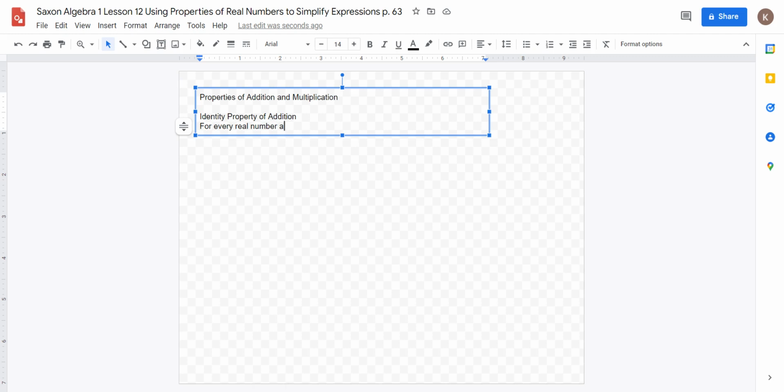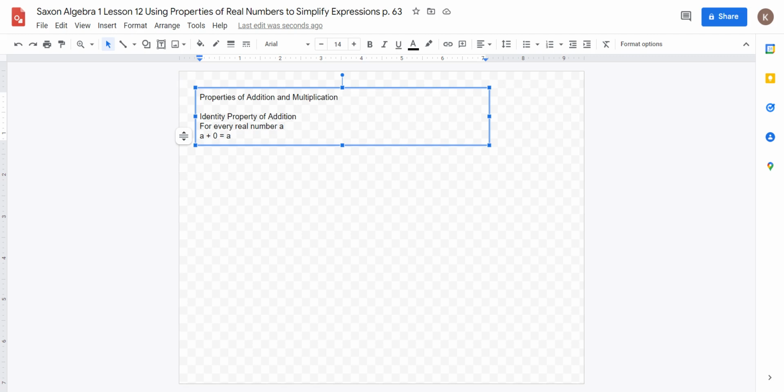Okay, so every real number A, this is true. A plus 0 equals A. Hey, I told you this is going to be easy. I could also say 0 plus A equals A, and we'll learn about why that is in just a second.